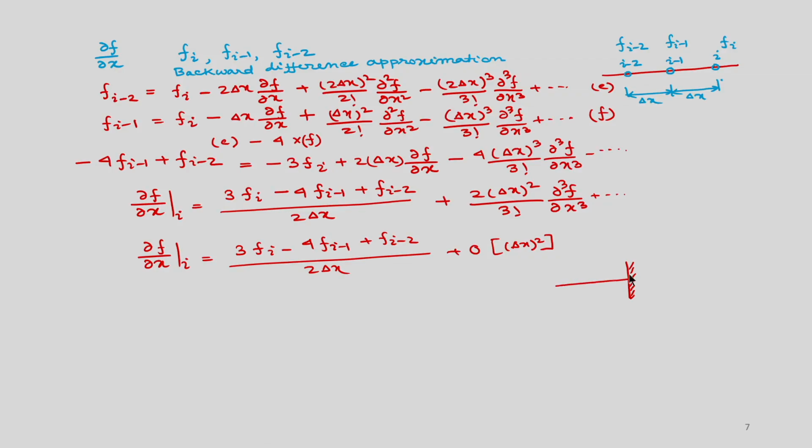You can see this is your boundary. So, this is your I, this is your I minus 1 and this is your I minus 2, and the distance is delta x and delta x.